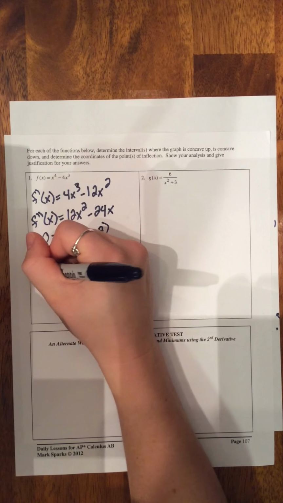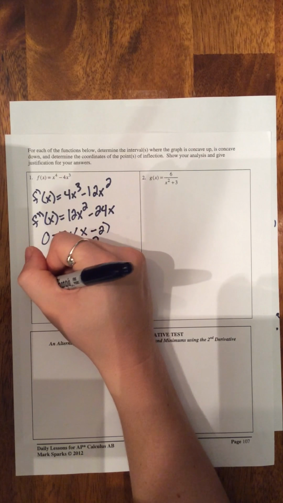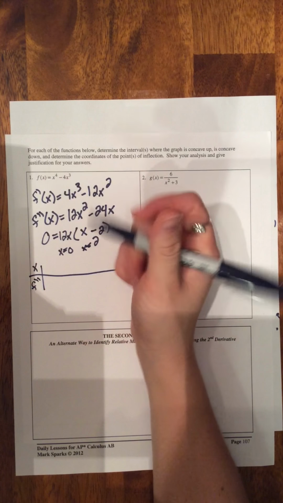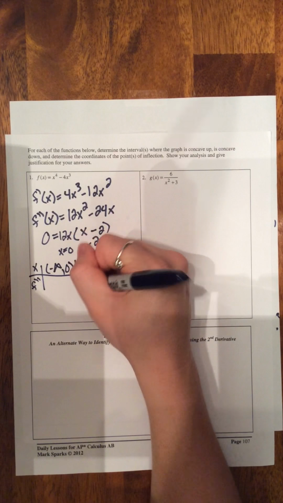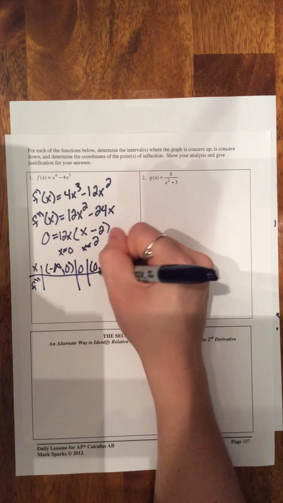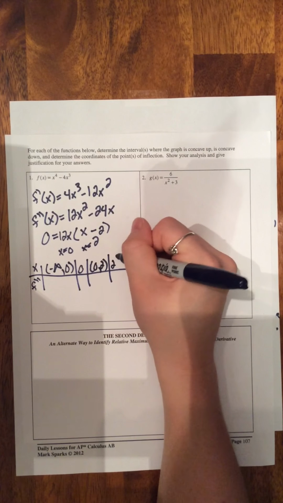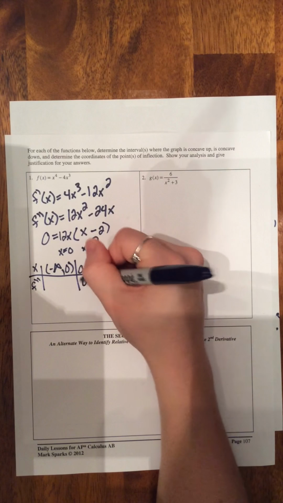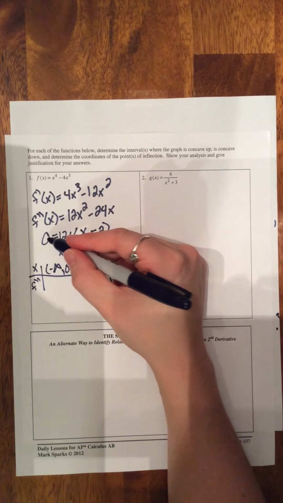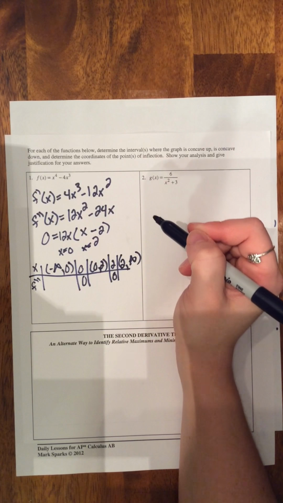So when I'm making my chart for f double prime: negative infinity to 0, 0 to 2, 2 to infinity. And I know f double prime is 0 because I just set this equal to 0, and that's how I got those values in the first place.